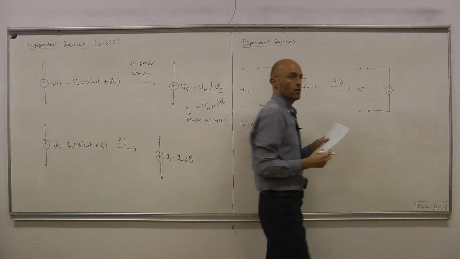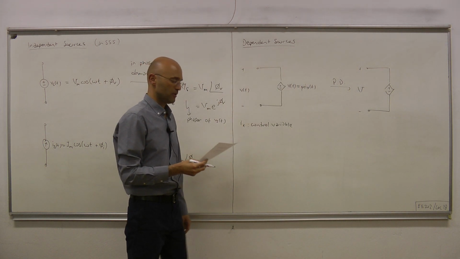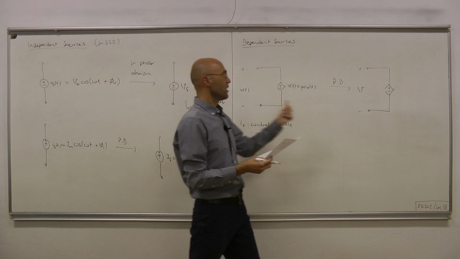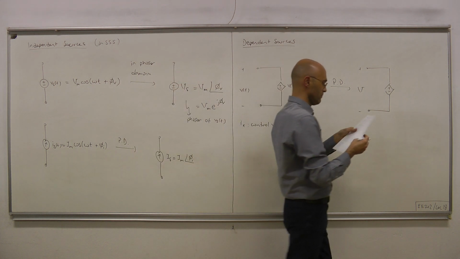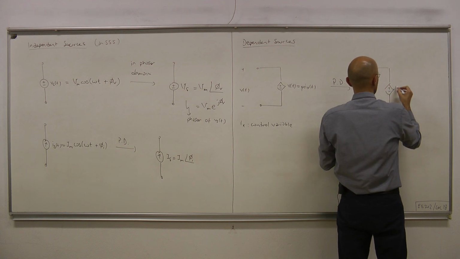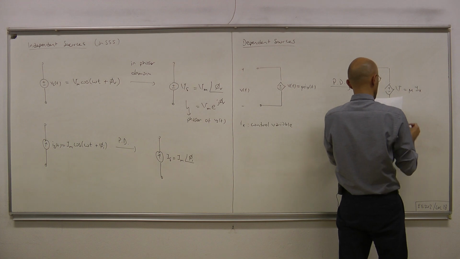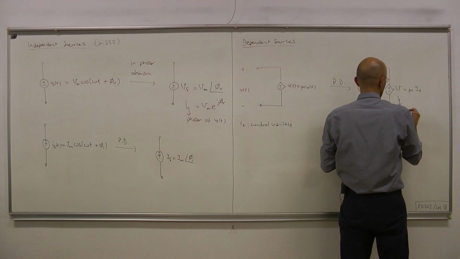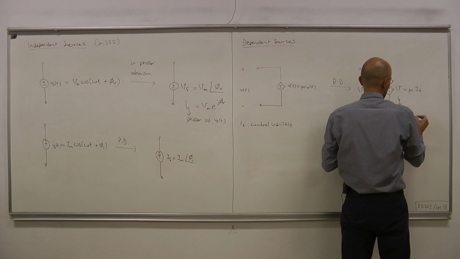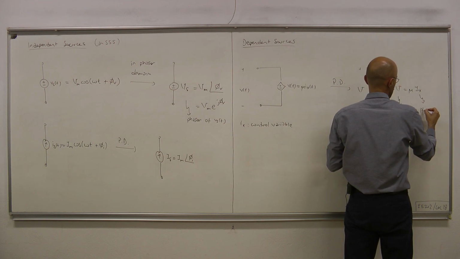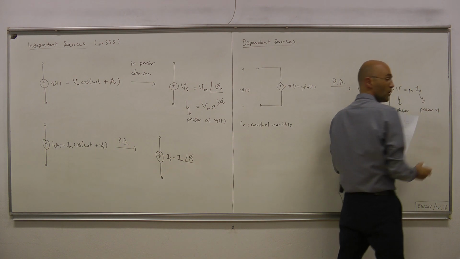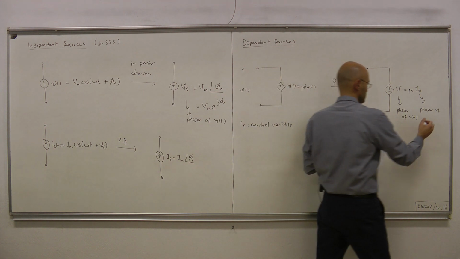Here we have the phasor of the voltage, capital V, and this is constant mu, and we have V equals mu Ix. This is the phasor of v of t, and this is the phasor of the control current, Ix of t.